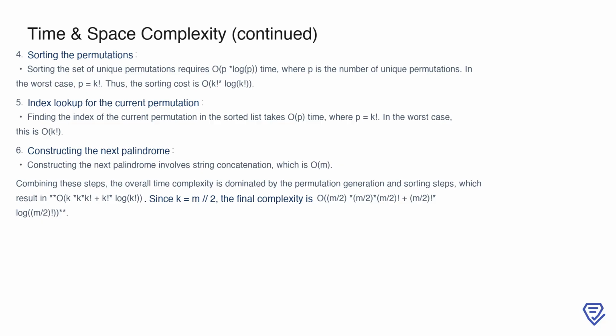When we combine all these steps, the dominant factors are the permutation generation and sorting steps. This results in an overall time complexity of k*k!*k plus k! log k!. Since k equals m divided by 2, we can rewrite the complexity as m/2 * (m/2)! * m/2 plus (m/2)! log (m/2)!.